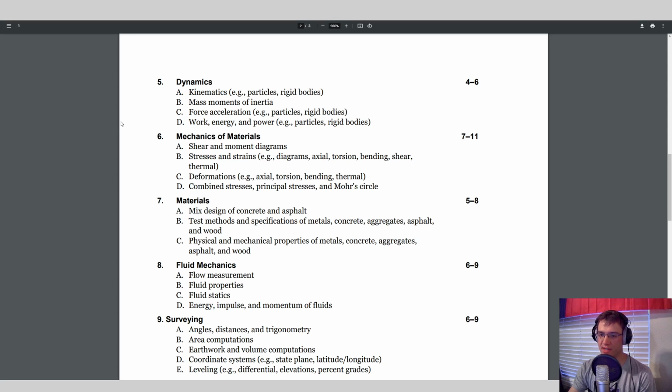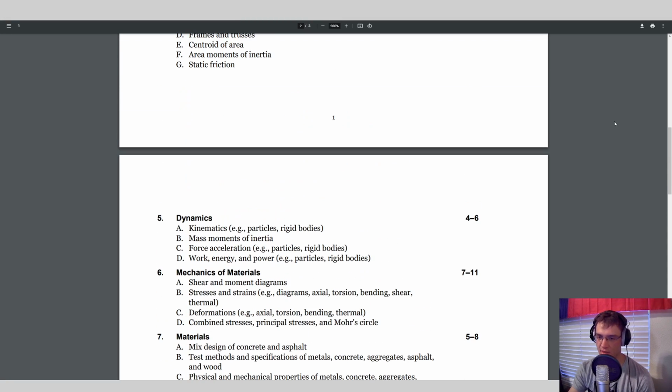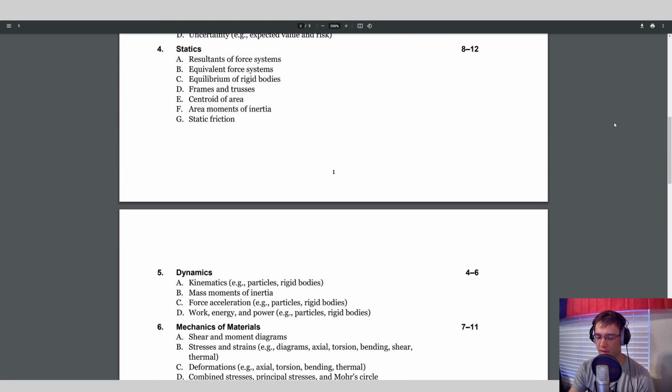Next, we've got dynamics, which is kind of the older brother of statics. So kinematics of particles and rigid bodies, mass moments of inertia, force, acceleration, work, energy, and power. So now you're taking the concepts of statics, and now the object is moving, and now you have to solve for things like moments.